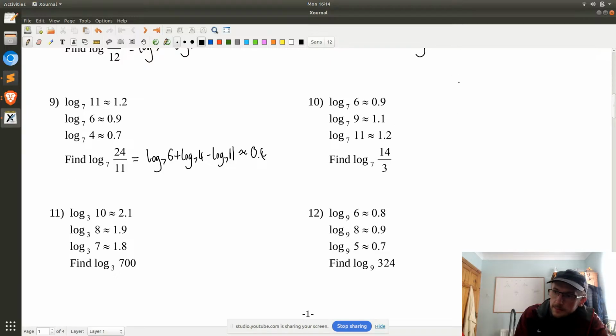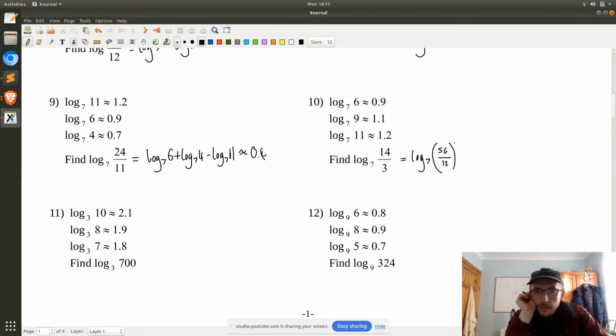I don't know why. That's obviously 1. Okay, that's log base 7 of 56 over... oh goodness me.